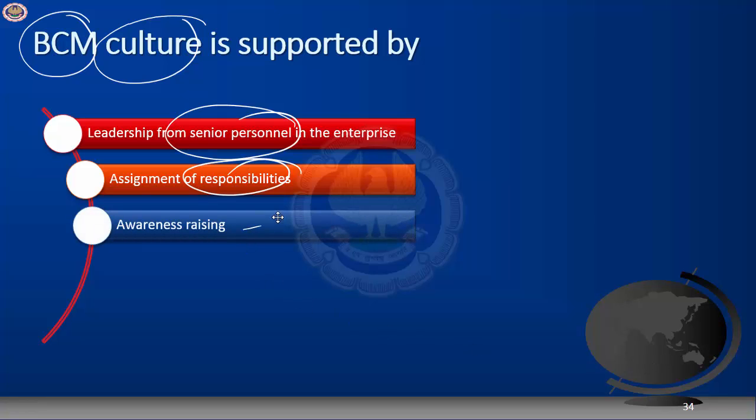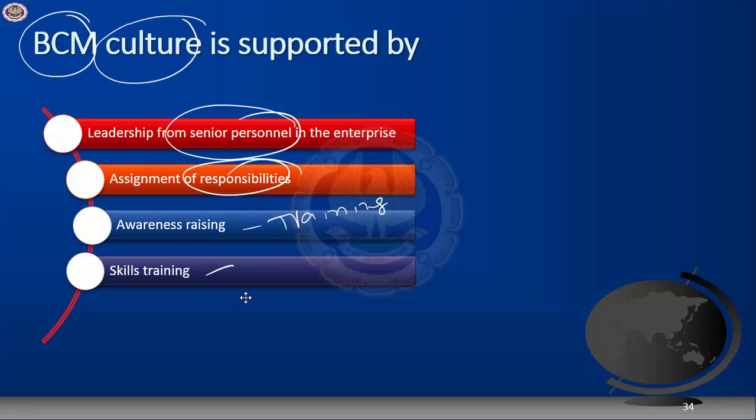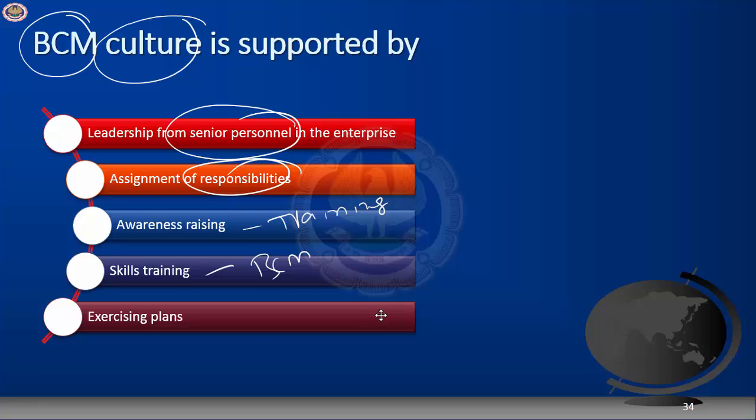You conduct training to raise the awareness about the importance of BCM and what the roles and responsibilities are. You also do skills training so that specific skill sets as required are imparted, because in the case of a BCM, it's an extraordinary situation, so the regular staff may or may not be available. So you need to have people who are additionally trained in the relevant skill sets so that they can perform additional duties as required as per the BCM or the BCP. You also need to exercise or test the plans to confirm whether they actually work as envisaged.